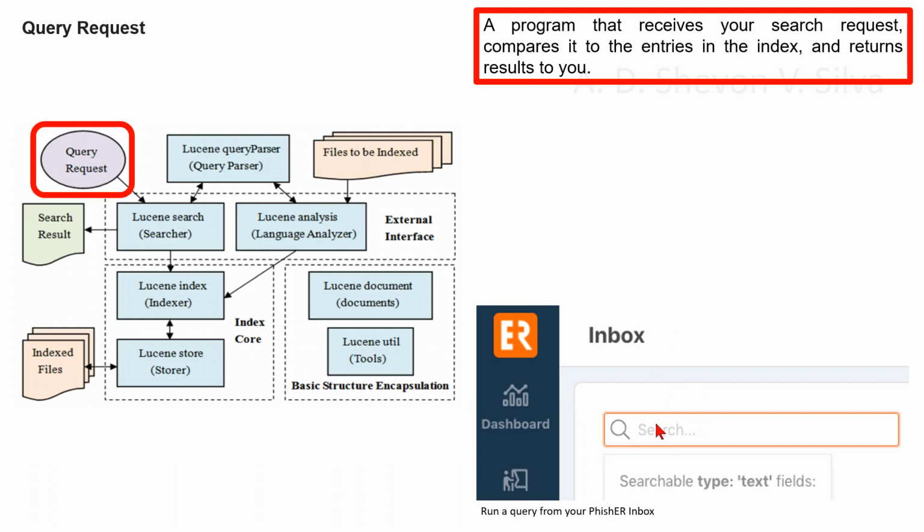The steps for this are: one, navigate to your Pish inbox and enter your query string in the search bar in the top left corner of the page, and then press the enter key or return key on your keyboard. You can use Lucene to run queries in your Pish inbox or on the Pish RIP queries page.